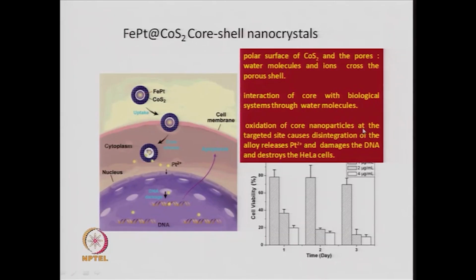Oxidation of the core material happens, because if you oxidize the iron platinum, then the platinum is released, and when the platinum is released, it can go out of the shell and interact with the biological specimens and typically attacks the DNA and will damage the HeLa cells, which is a particular cell line.